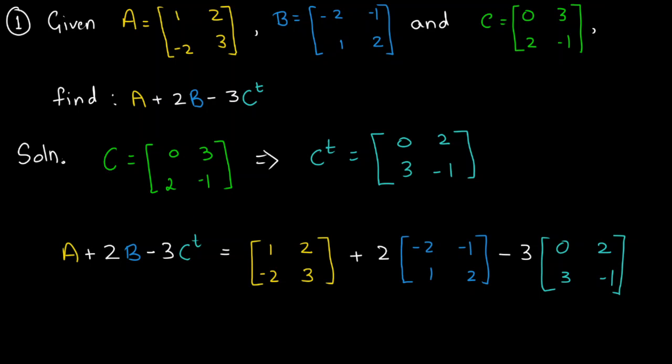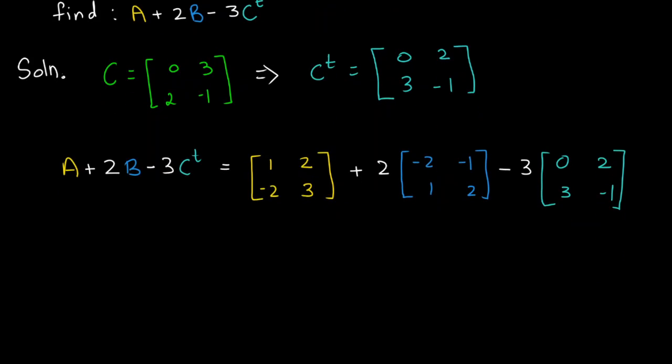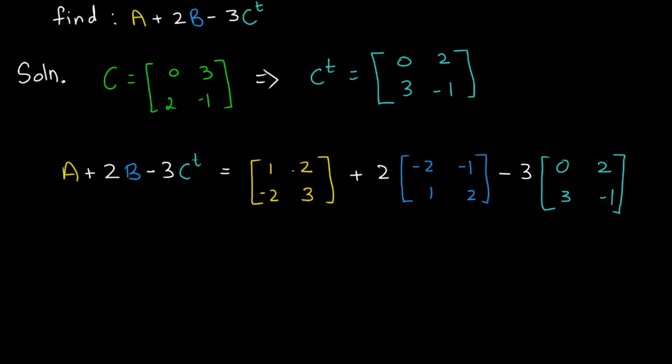The first step I'd always suggest is to perform the scalar multiplications. So this entire thing is equal to matrix A as it is, no scalar multiplication happening here: [1, 2; -2, 3]. Here we have plus. Remember, scalar multiplication is just each element being multiplied by the scalar value.